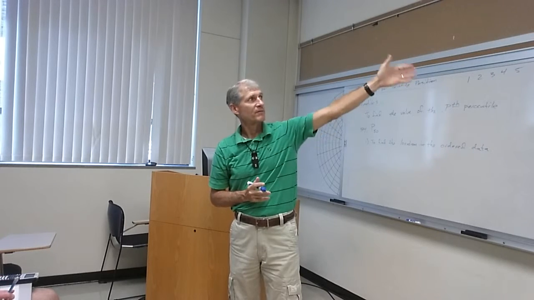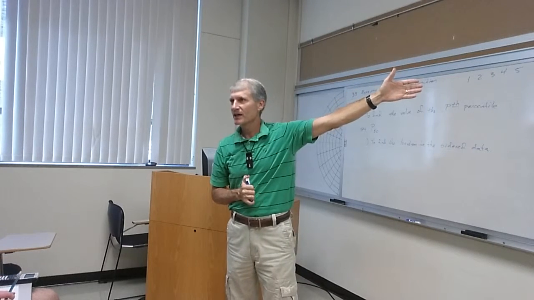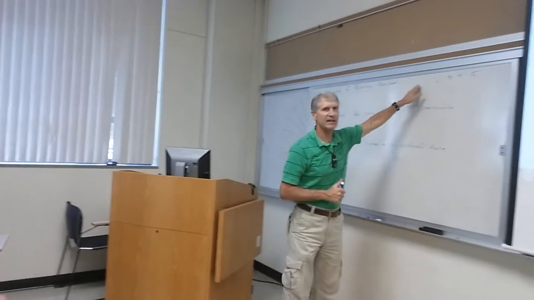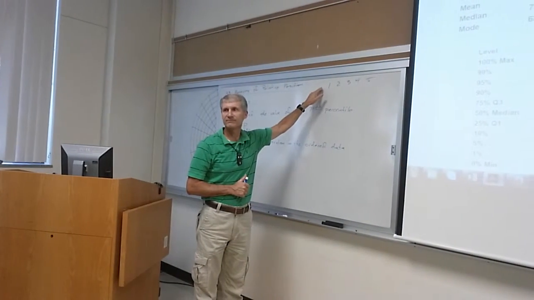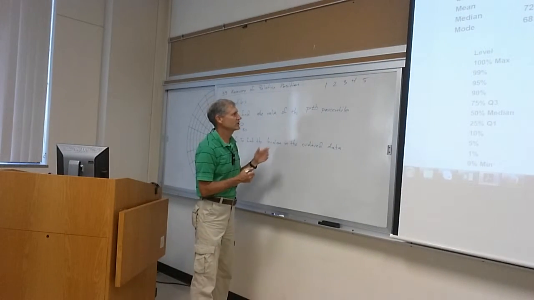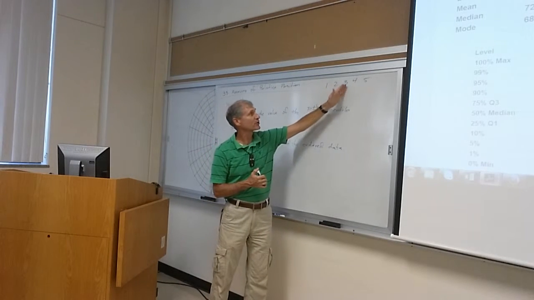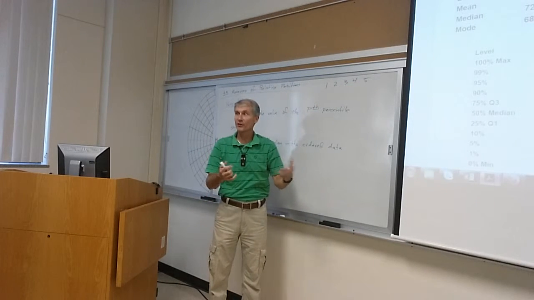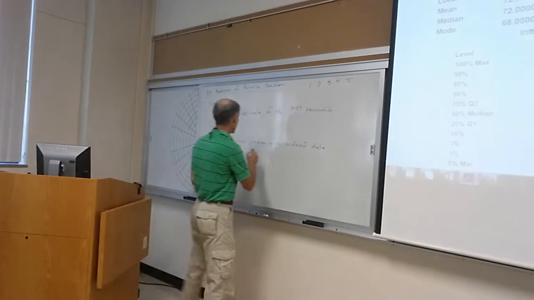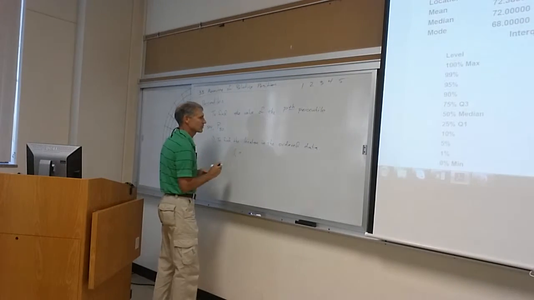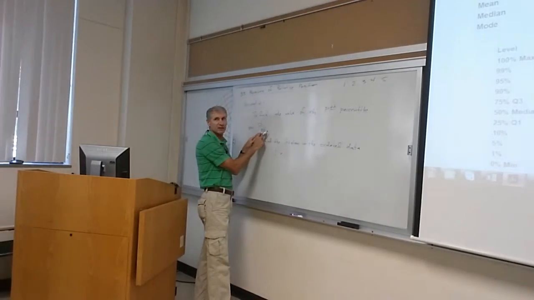To find the median pulse, I don't have n equal 5, I have n equal 365. So what do you do? Well, you find the location. I know it's going to be the third one. So how do I get the third one? The location, L, is equal to whatever percentile you want.